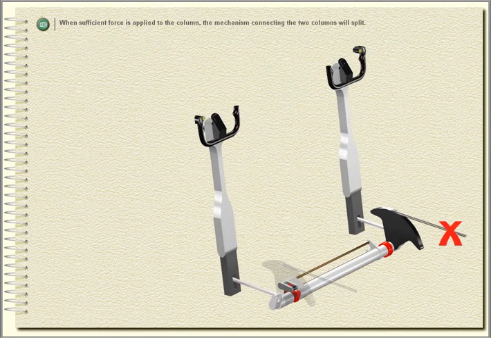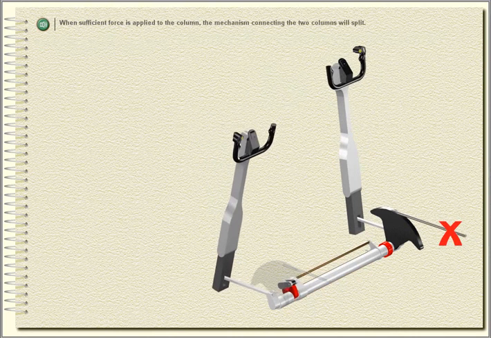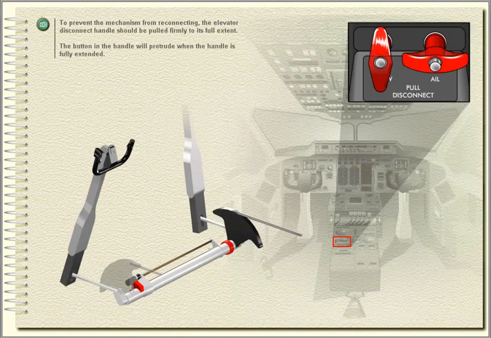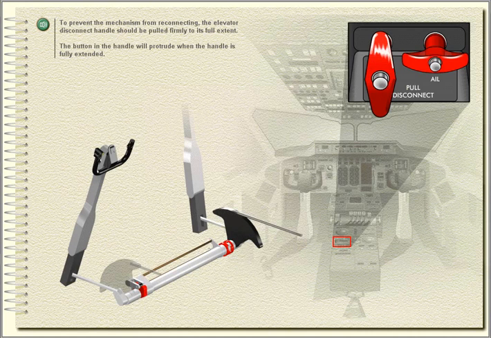When sufficient force is applied to the column, the mechanism connecting the two columns will split. To prevent the mechanism from reconnecting, the elevator disconnect handle should be pulled firmly to its full extent. The button in the handle will protrude when the handle is fully extended.